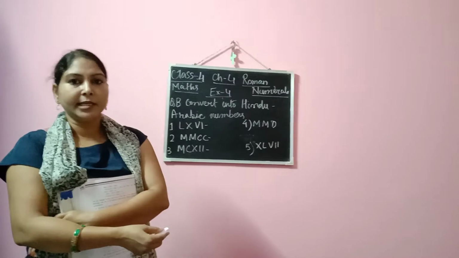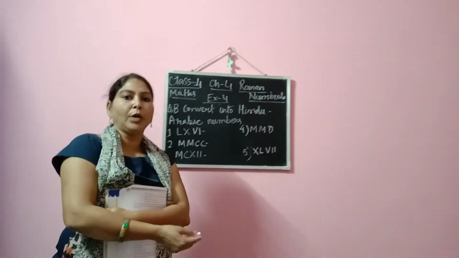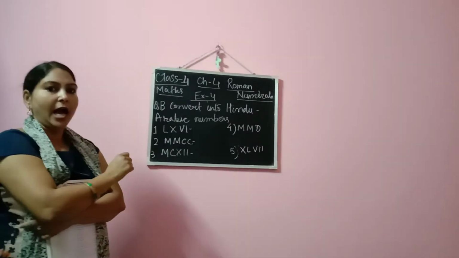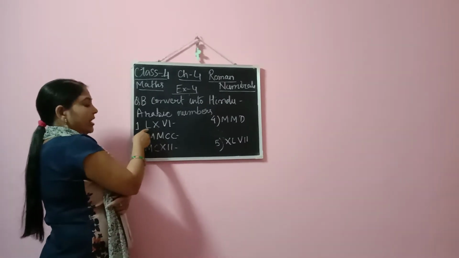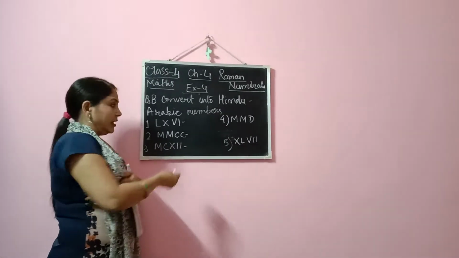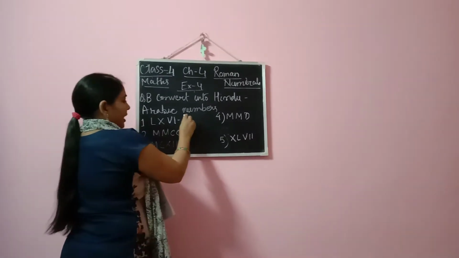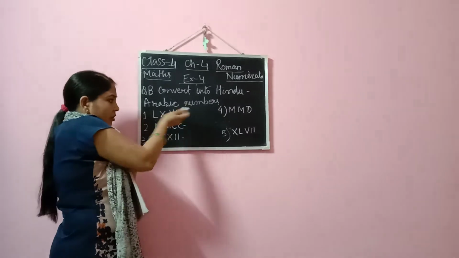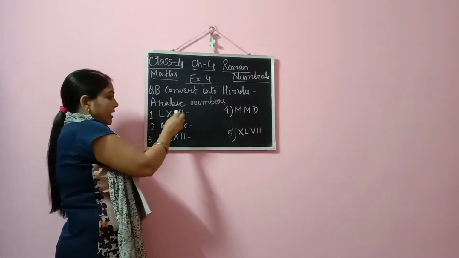So question number 2: the Roman numbers are given and you have to convert them into Hindu-Arabic numbers. You see here the first one, LXVI. What is the value of L? It is 50. Whichever number we write towards the right side, we add.